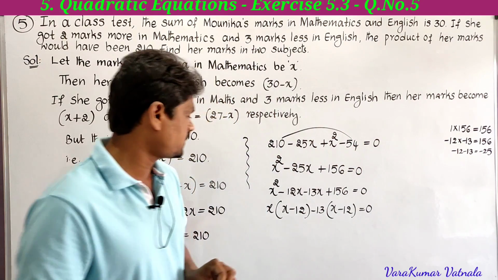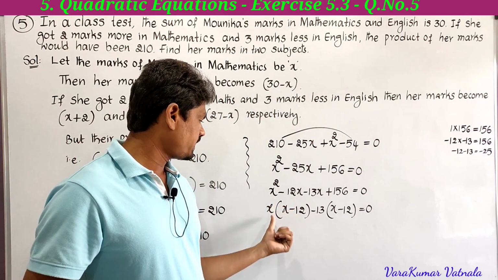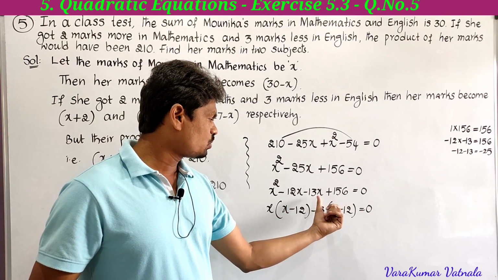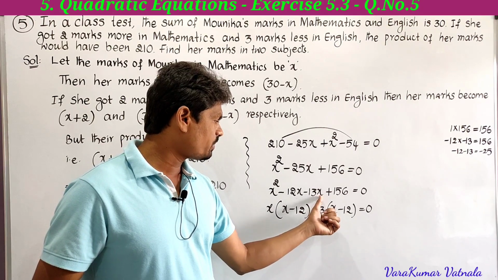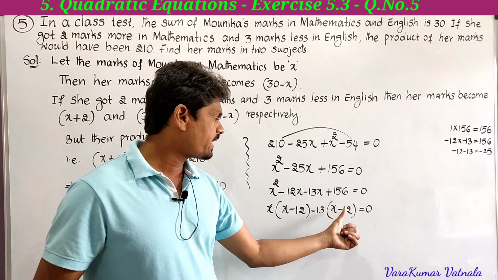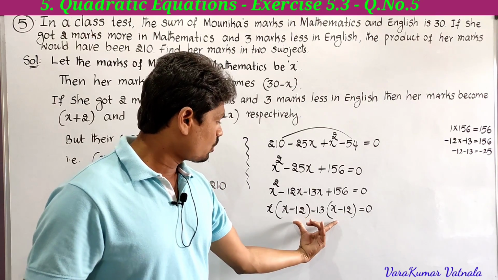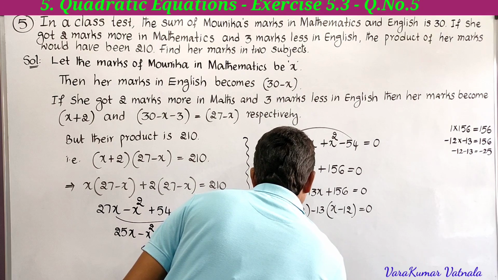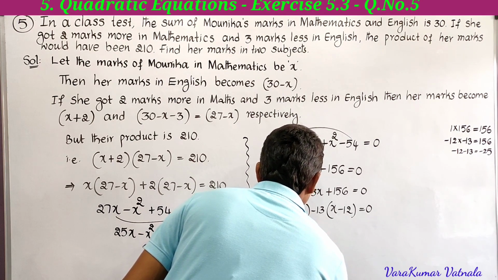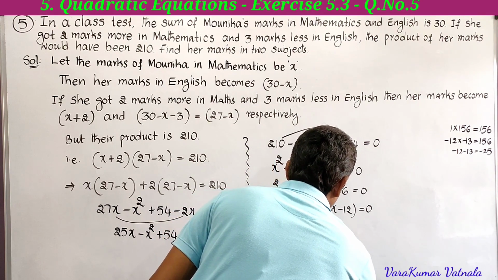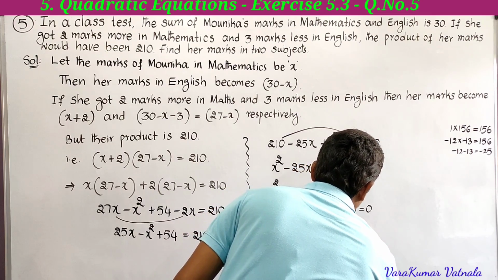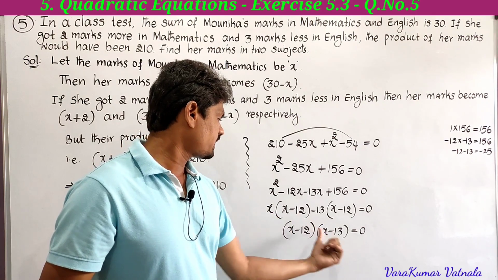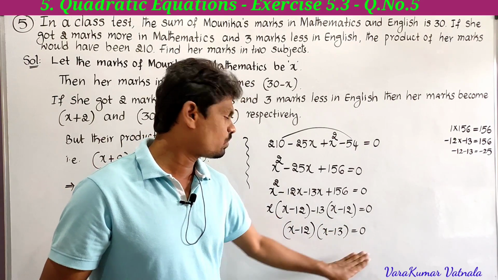So again we get (x minus 12) common, so (x minus 12) into (x minus 13) is equal to 0. If we take (x minus 12) as common, here x is there, here minus 13 is there, is equal to 0.